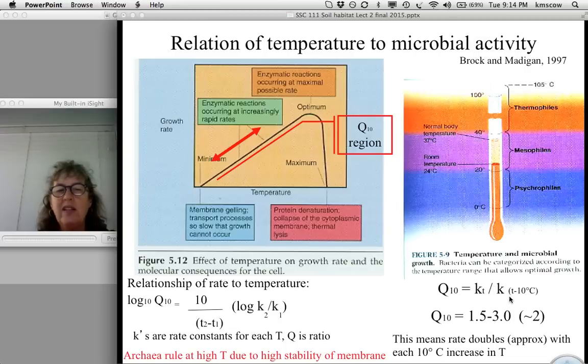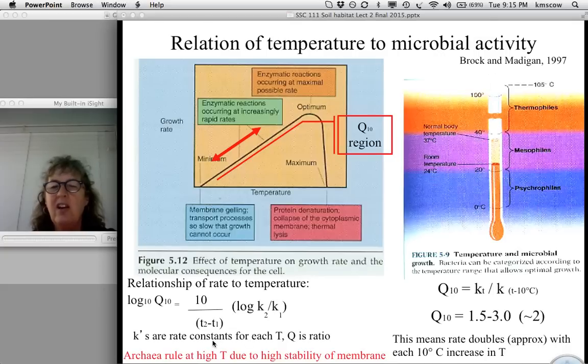So what this means is the rate will double with every 10 degrees centigrade increase in temperature. A nice little rule of thumb. And you can use this reorganization of the equation to predict what the rates will be based on knowing the behavior at one temperature and knowing what the Q10 is.